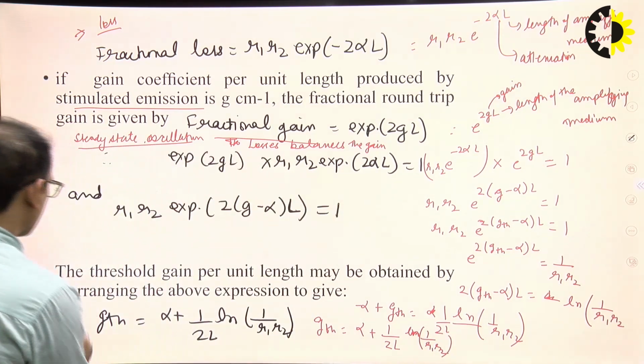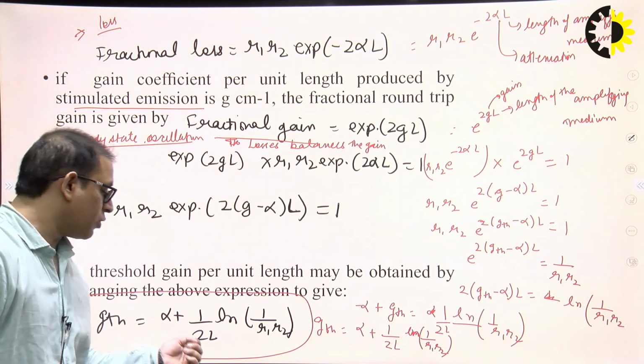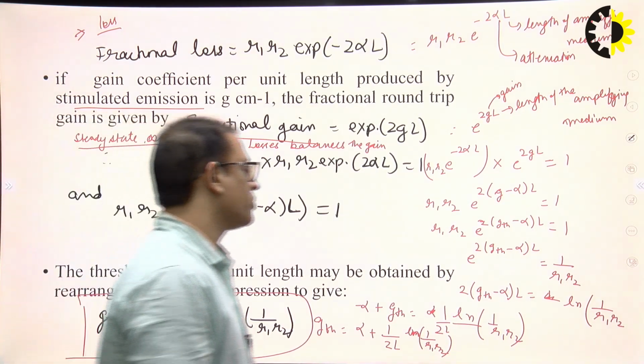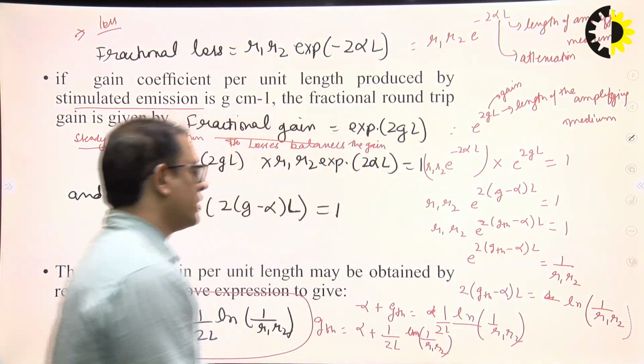So this is the threshold condition, that is g_th comes out to be alpha plus 1 upon 2 L natural log of 1 by R1 into R2. Clear?